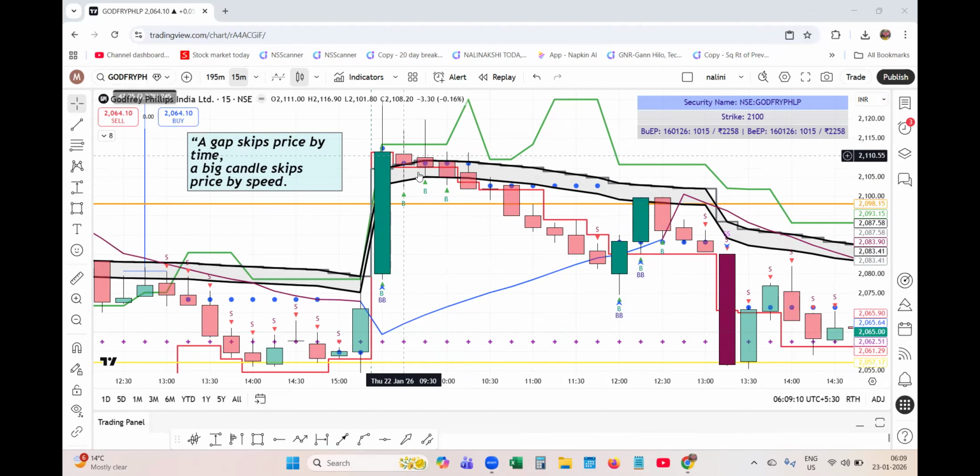This type of stocks will pop out. At that time, you should check: this is a single 15-minute candle with a 2.2 percentage move, which is not even 1 ATR of the entire daily move. So then you are not going to take the trade.